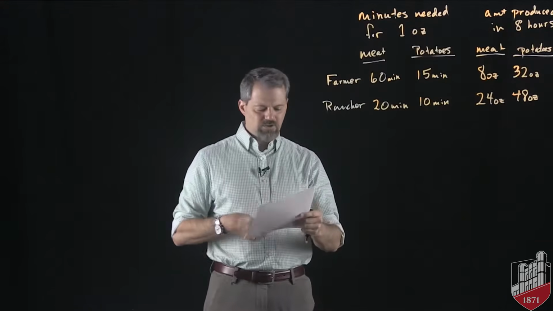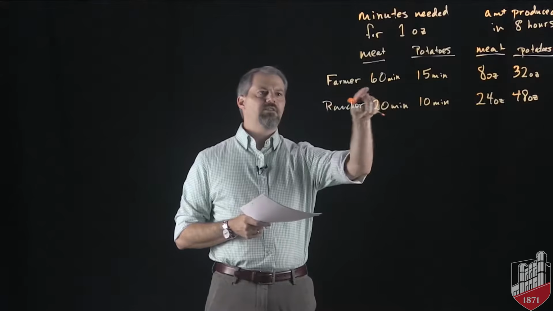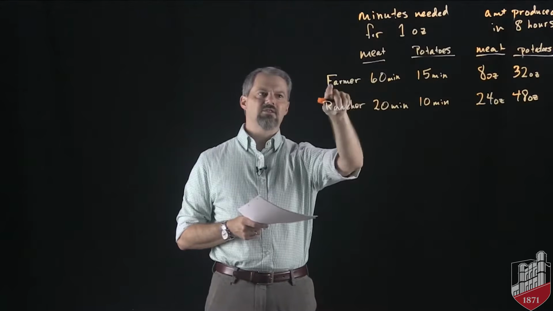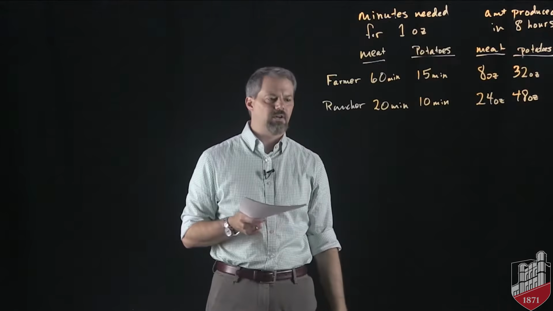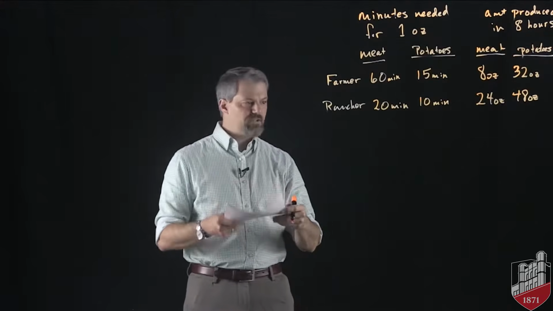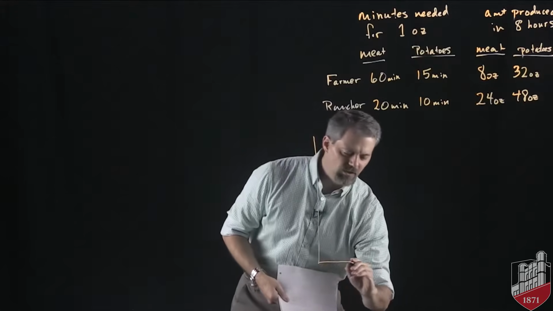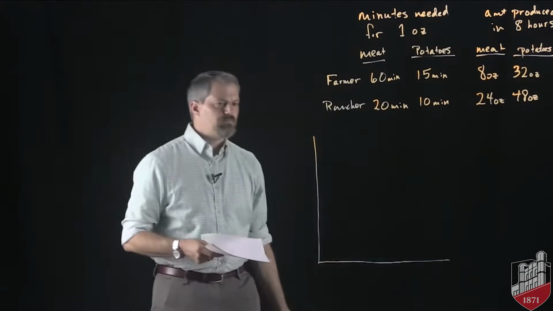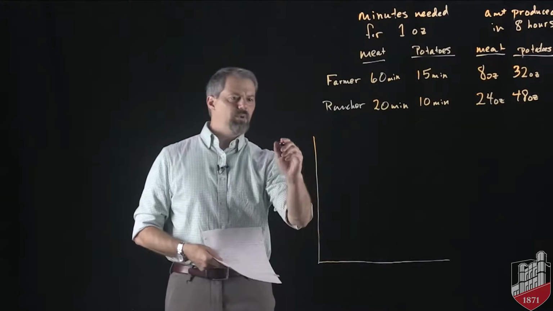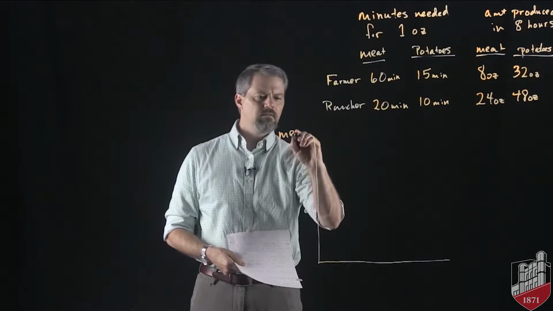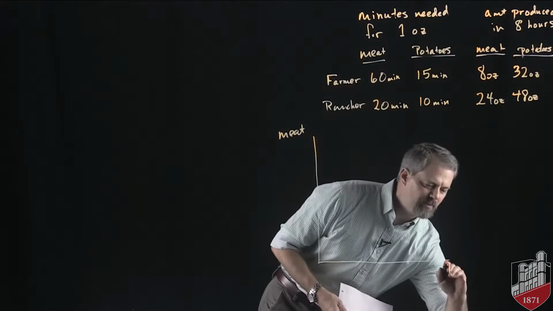The way that we're going to do that is we're going to think about what the PPF, the production possibilities frontier, looks like for both the farmer and the rancher. And you've drawn a production possibilities frontier before. Let's start by drawing the farmer's production possibilities frontier. We're going to put meat on our vertical axis for this example, and potatoes on our horizontal axis.